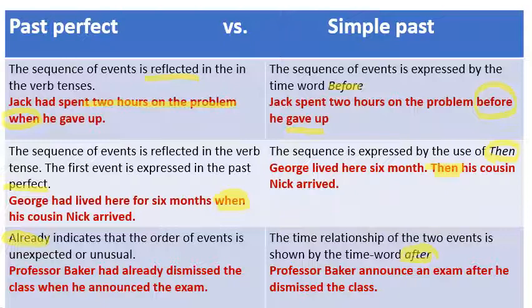But remember, students, with after the order of the events is reversed. Professor Baker announced an exam after he dismissed the class. In this case, with after, the second action always comes before after.